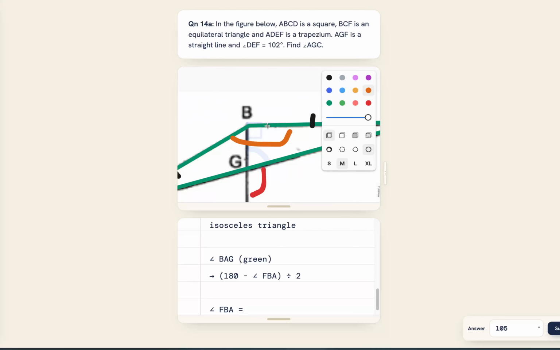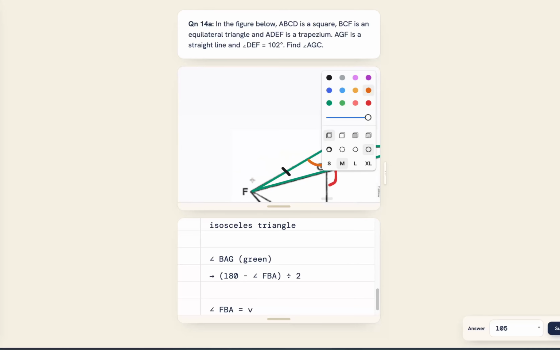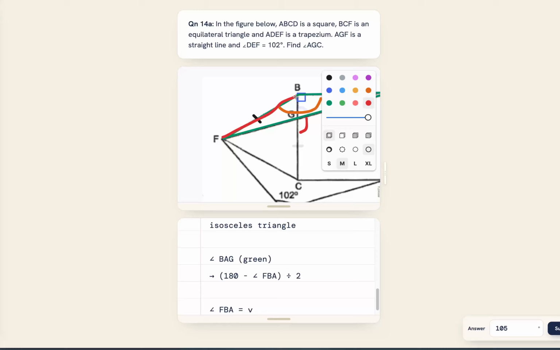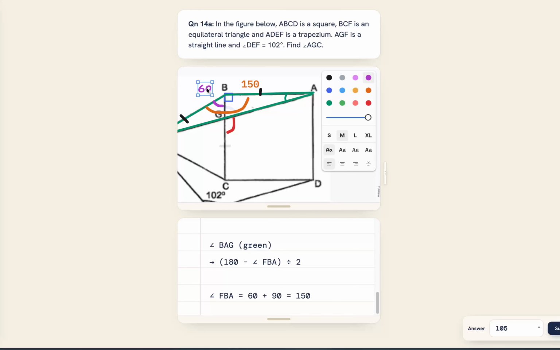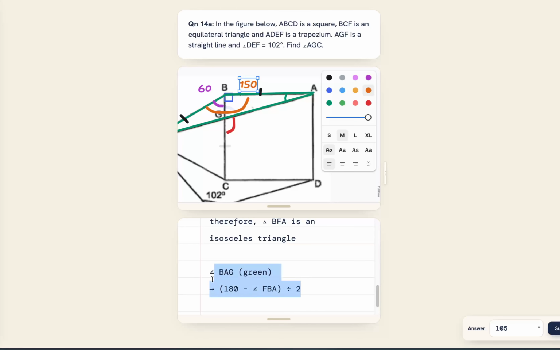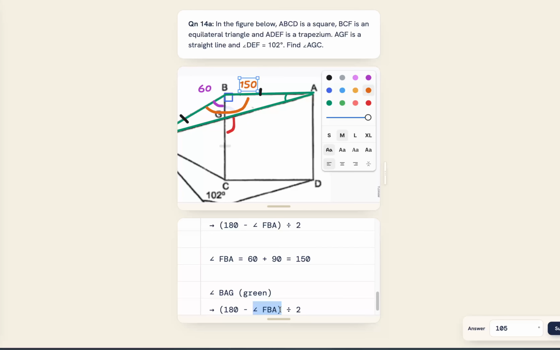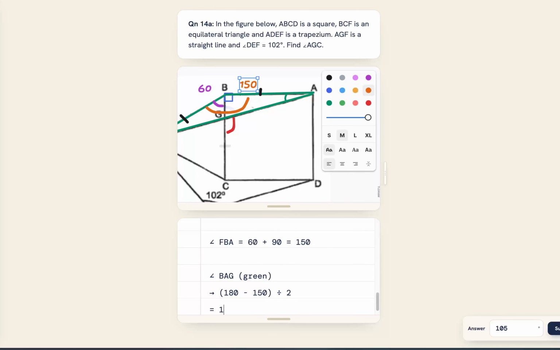This angle is 90, and angle FBC is part of the equilateral triangle, so this purple part is 60 degrees. So angle FBA is 60 plus 90, equal to 150 degrees. From here we can get angle BAG: 180 minus 150, divided by 2. This will give us 15 degrees.